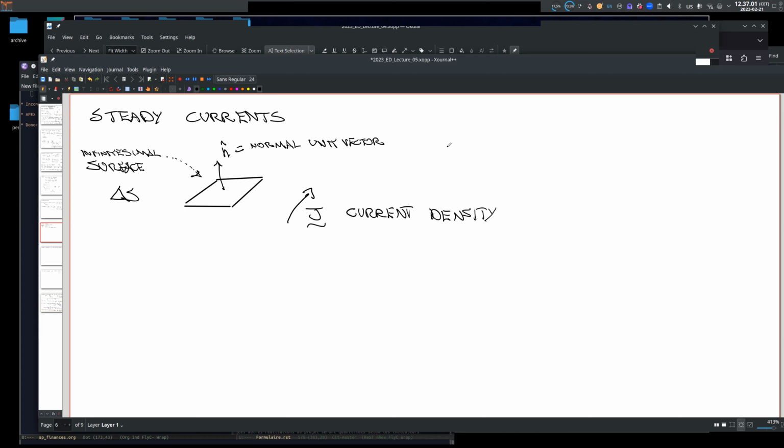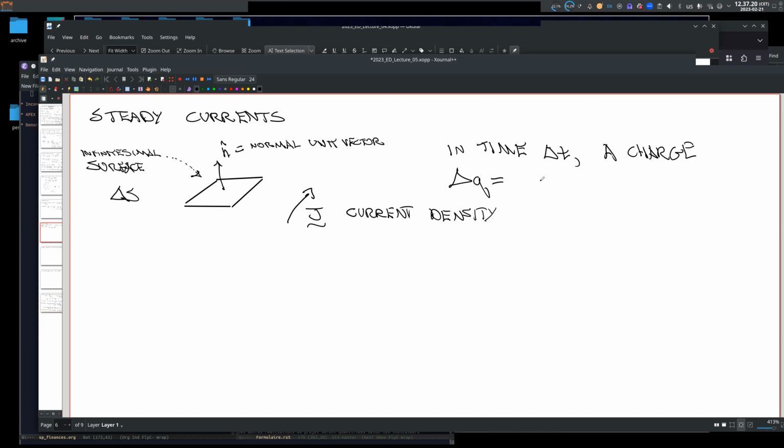So in time delta t, a charge delta q equal to the following thing.